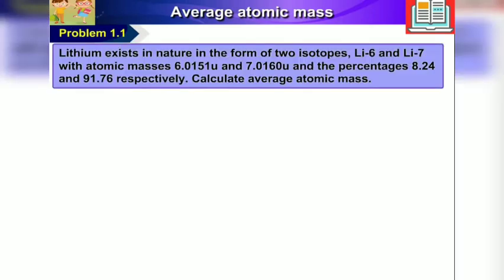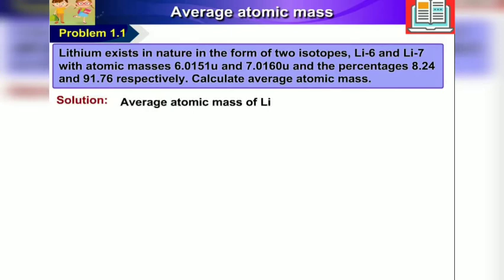Problem 1.1. Lithium exists, in nature, in the form of two isotopes, Li6 and Li7, with atomic masses 6.0151 u and 7.0160 u, and the percentages 8.24 and 91.76 respectively. Calculate the average atomic mass. Solution.